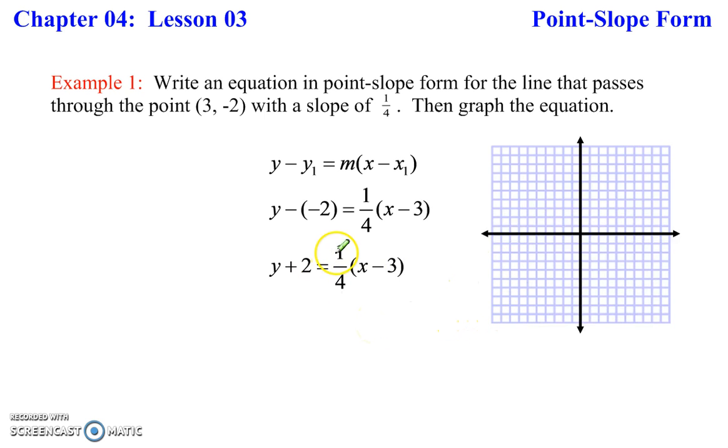To graph that, I'm going to use that point, 3 and negative 2, put that on my graph, and then from this point, I'm going to go up 1/4. There's my second point. Now you can follow that same pattern, up 1/4 in both directions, and make a straight line, but you really only need 2 points to create a straight line.